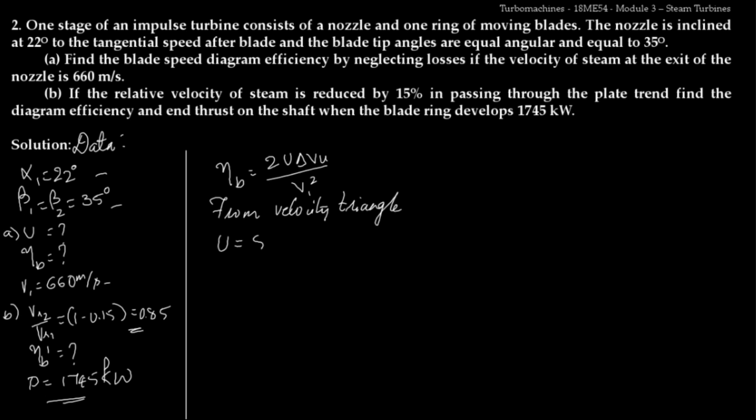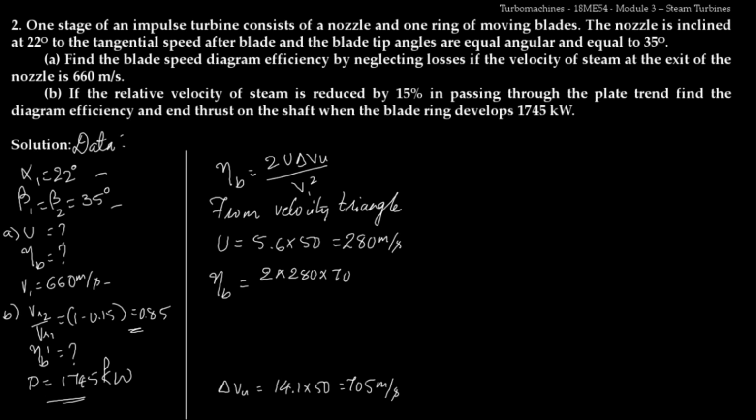So from the velocity triangle, U will be equal to 5.6 into 50, which is equal to 280 meter per second. Now the diagram efficiency, or in this case the blade efficiency, will be equal to 2 into U, which is 280, multiplied by delta VU. I'll just calculate here, delta VU will be equal to 14.1 into 50, which will be around 705 meter per second.